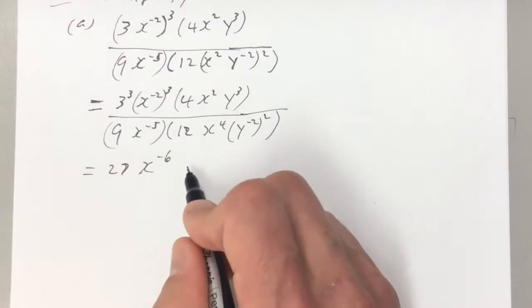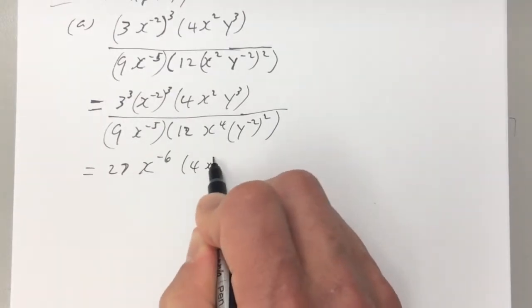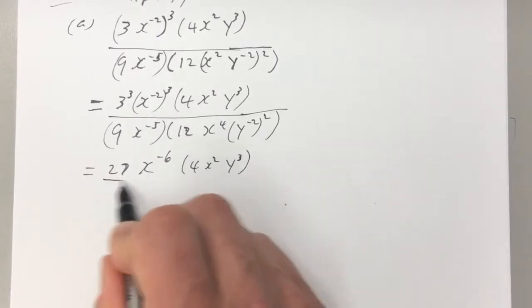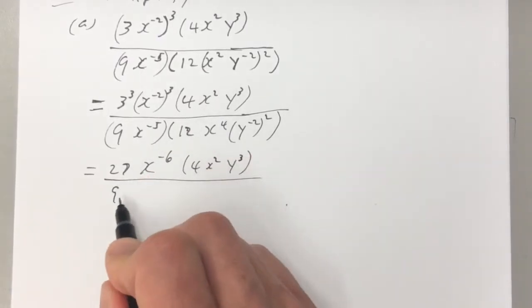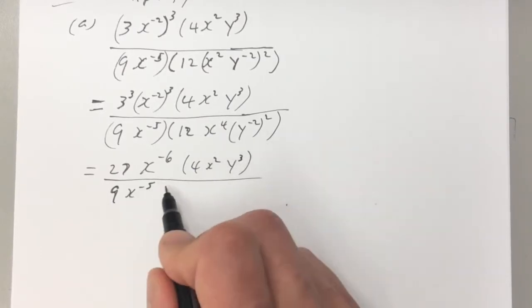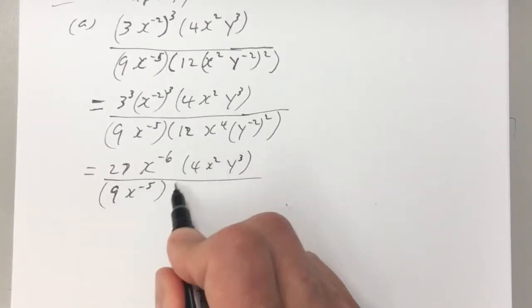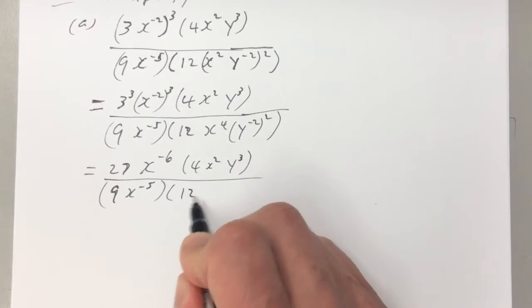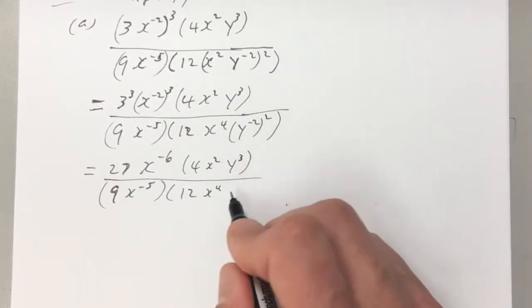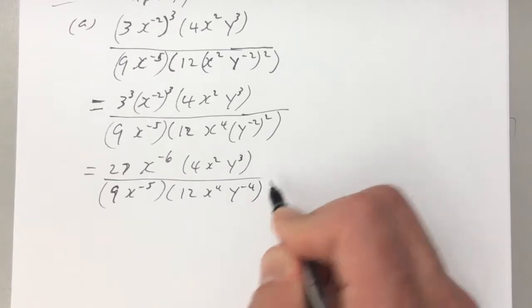Okay, times 4x squared y cubed over 9x to the negative 5 times 12x to the 4 and y to the negative 4.